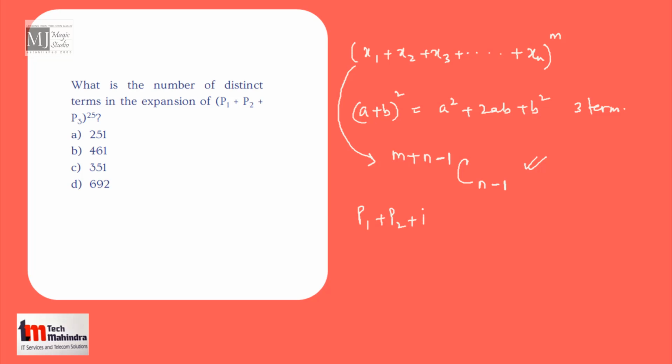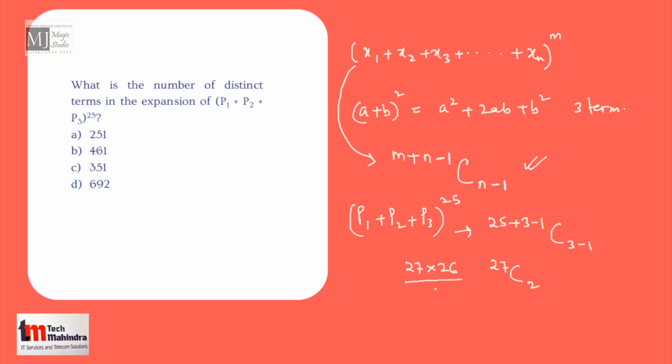So our question is p1 plus p2 plus p3 raised to the power 25. How many distinct terms we can have is 25 plus 3 minus 1 C 3 minus 1. C means combination, selection. 25 plus 3 is 28, minus 1 is 27 C 2.